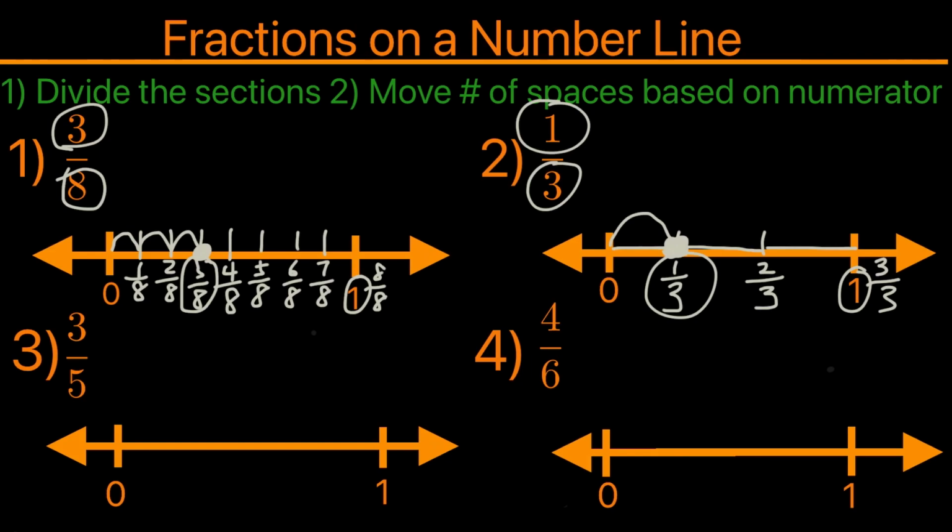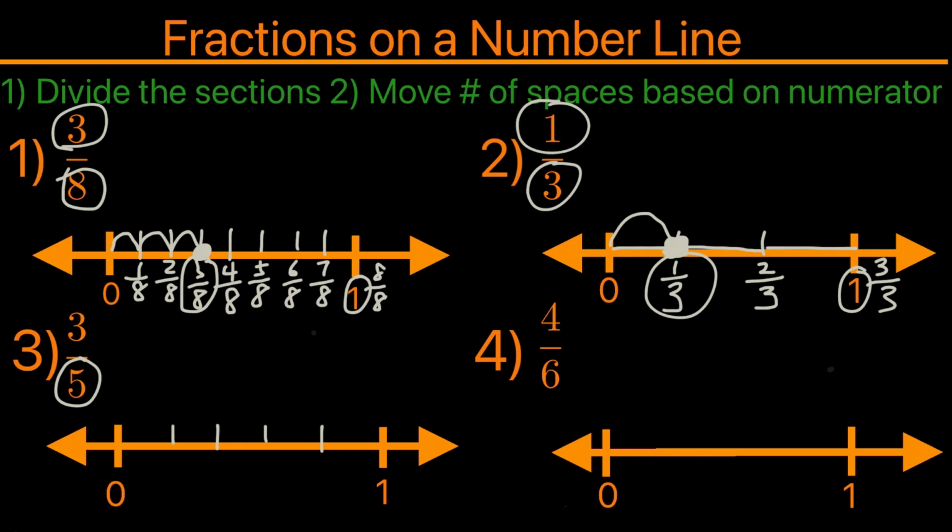Now for the third example, 3/5. We know the denominator of 5 needs to divide the section into 5. So looking between 0 and 1, we could go 1, 2, 3, 4, and this is 5.